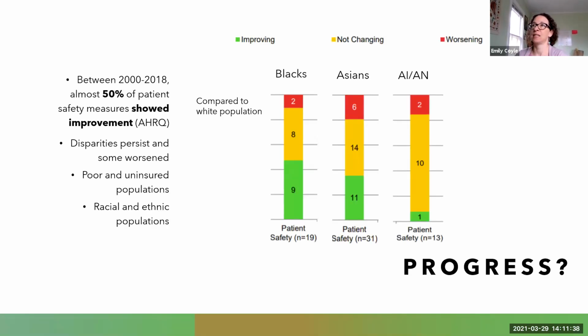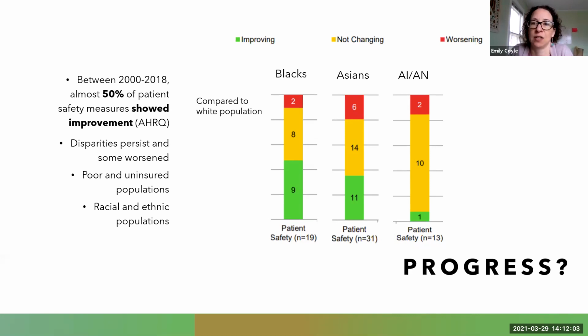So I want to talk a little bit about where the progress has been made in healthcare improvements and where the progress remains to be made. So the most recent National Healthcare Quality and Disparities Report, which was published in 2020 by the AHRQ, includes patient safety measures for racial and ethnic populations, as well as insurance status, among others.